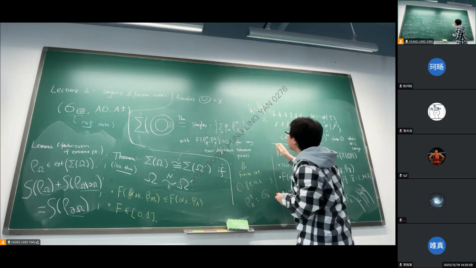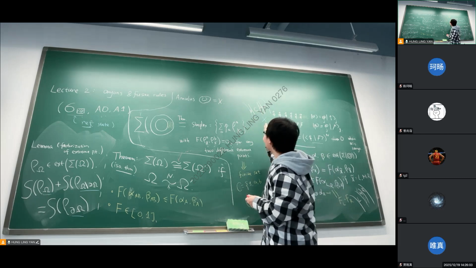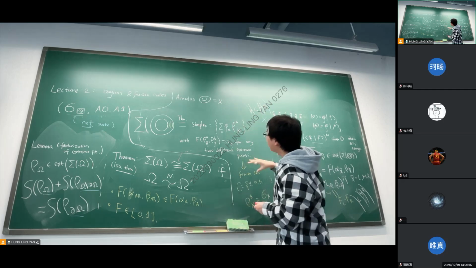So this is supposed to be only a partition of the annulus. Imagine going around.